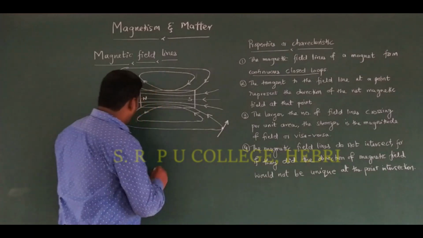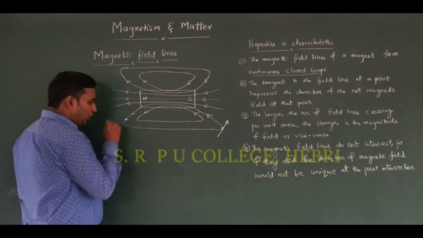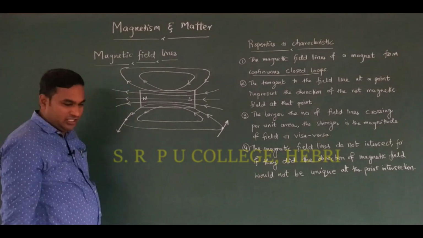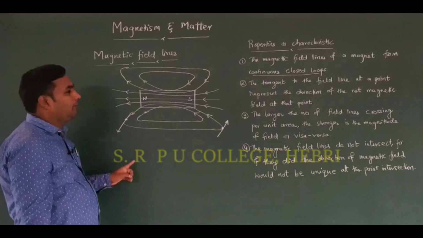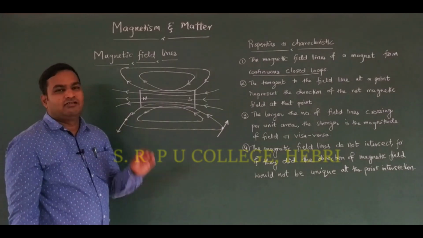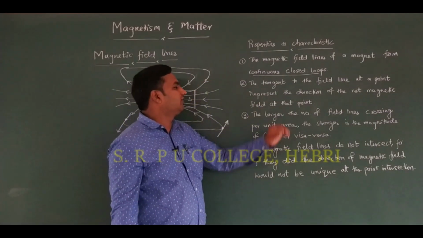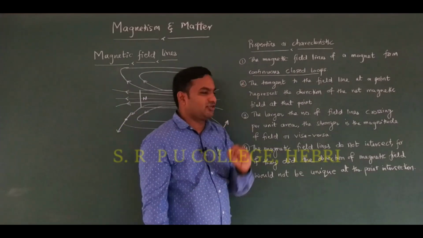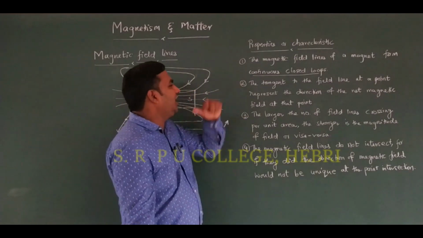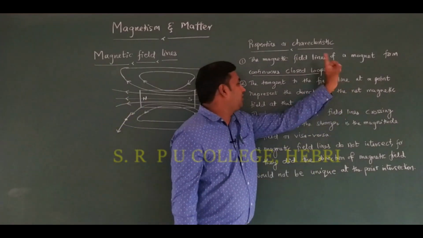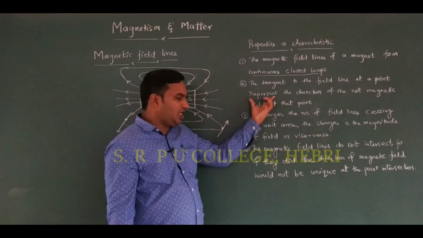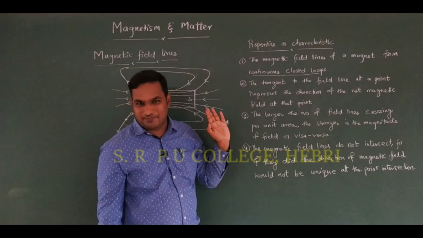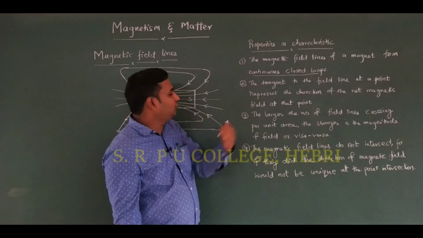If we take a point somewhere here also, and draw the tangent, the tangent drawn at this point represents the direction of the net magnetic field at that point. Now, the second important property of a magnetic field line is that the tangent to the field line at any point represents the direction of the net magnetic field at that point. Is that clear? Right. Move on to the third point.